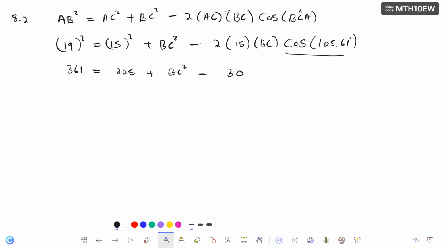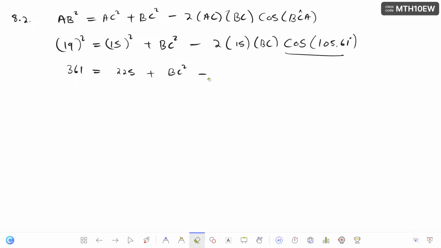Now let me also multiply the cos. So it's 30 times cos of 105.61.